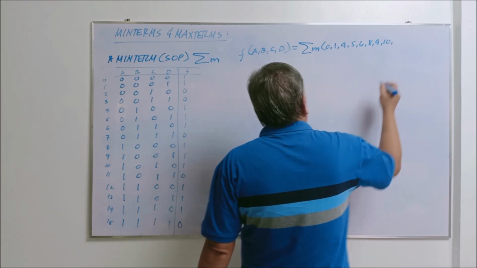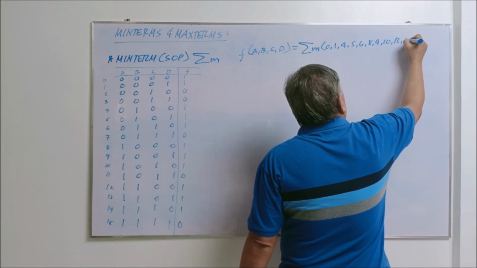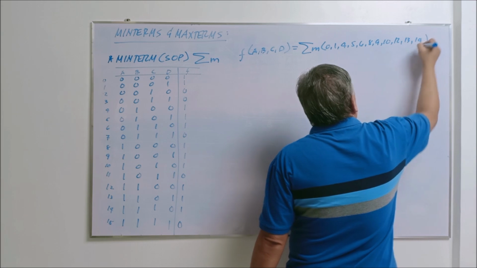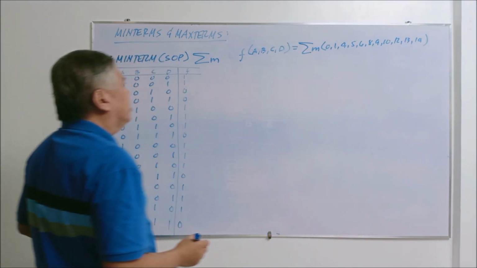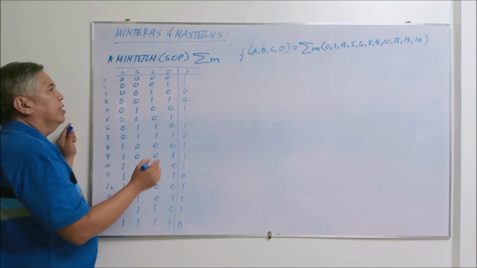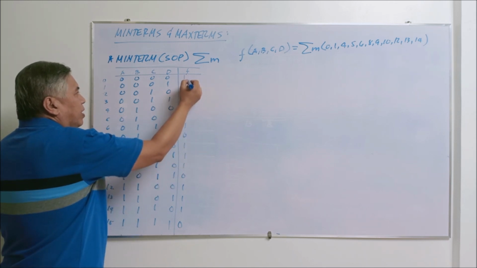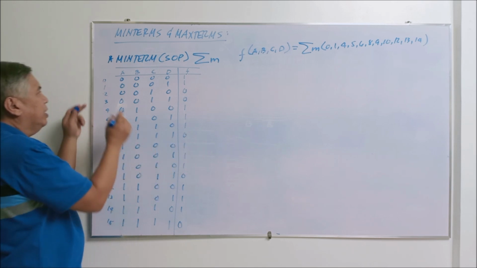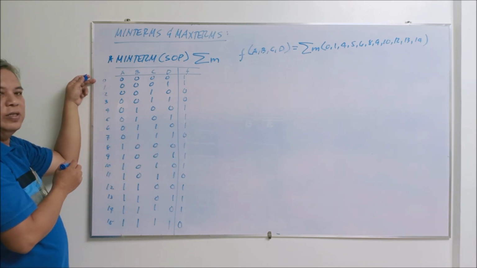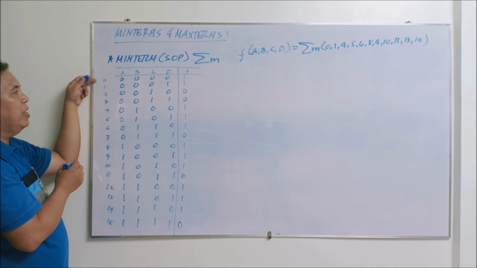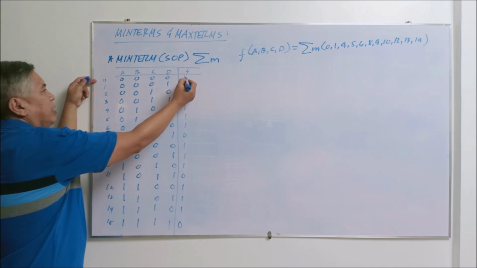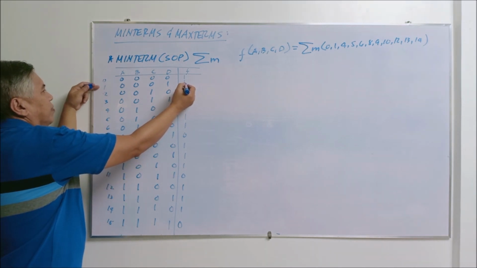So these are your Minterms. Again, the Minterms are obtained based on the output with a value of 1, and its corresponding decimal places. So for example, this one here, you have 0, 1, and so on.